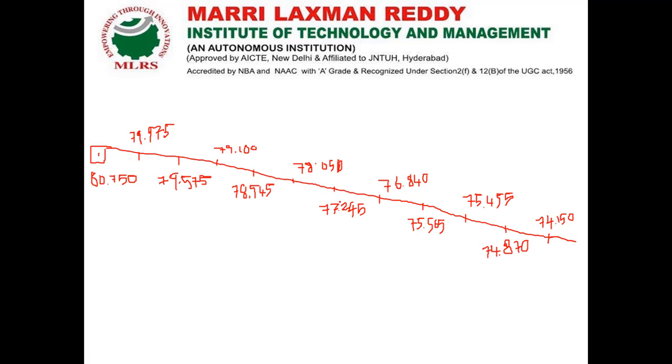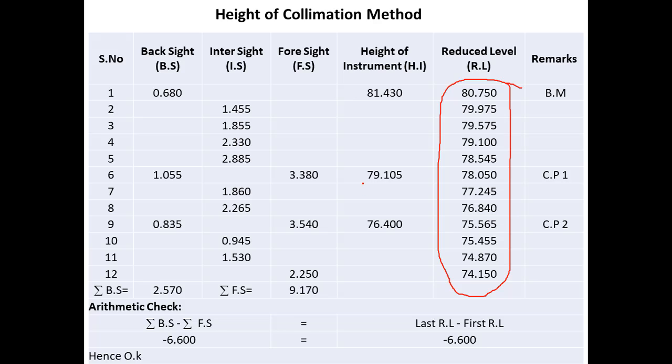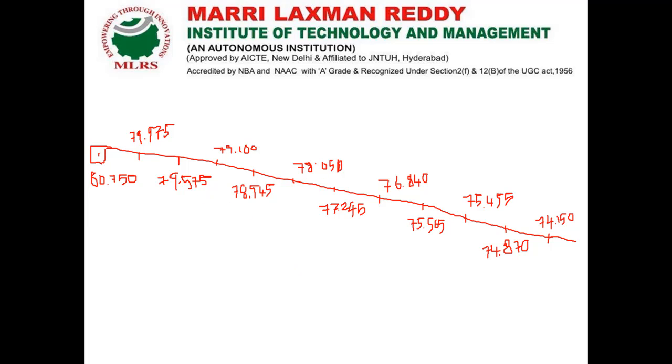These are all the levels with respect to this problem, which I have denoted in the figure. Each point has a consecutive distance of 30 meter interval, so this 30 meter is our horizontal equivalent.